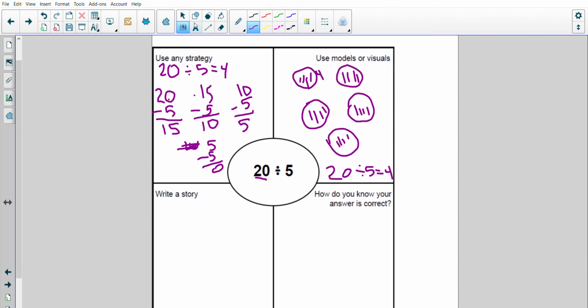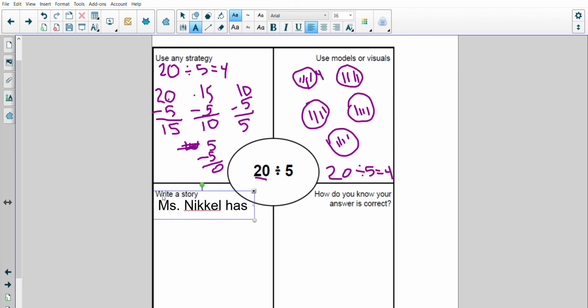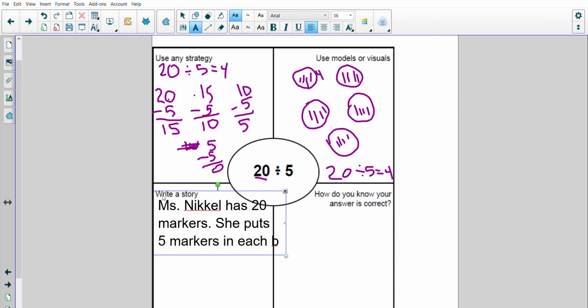All right, so again, we're going to write that story in. So Miss Nicole has 20 markers. She puts 5 markers in each bag.